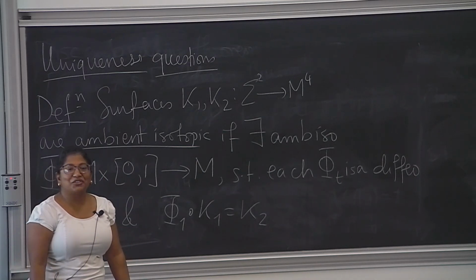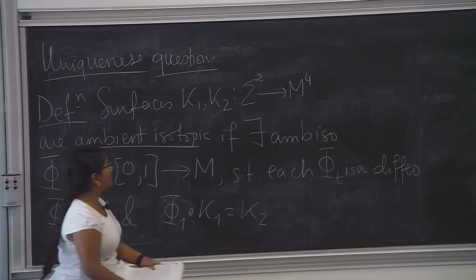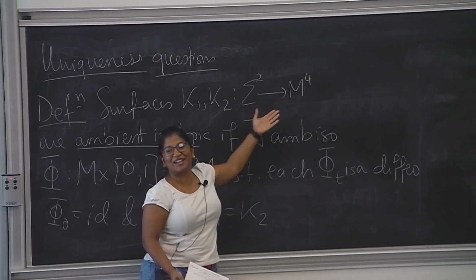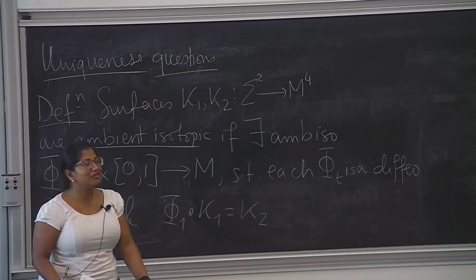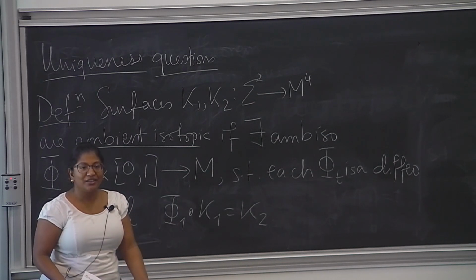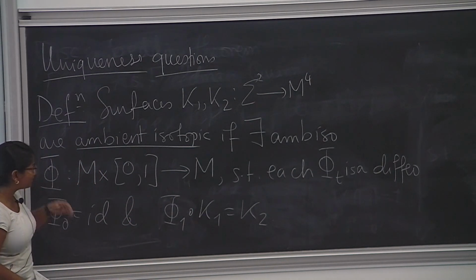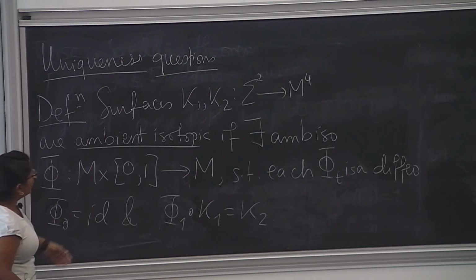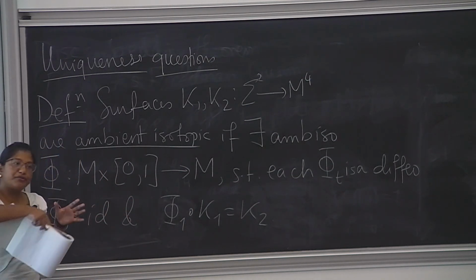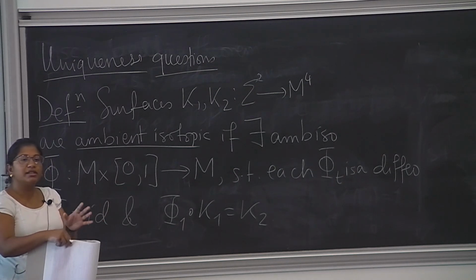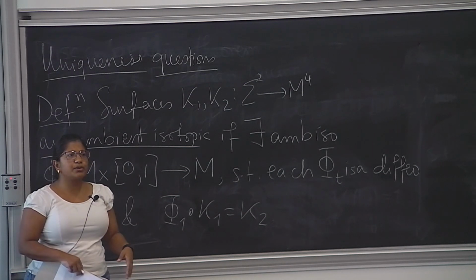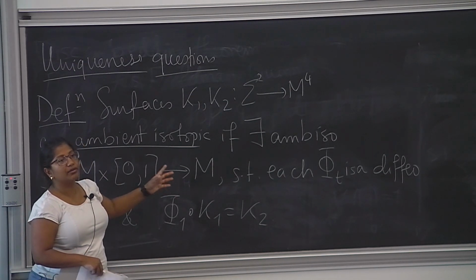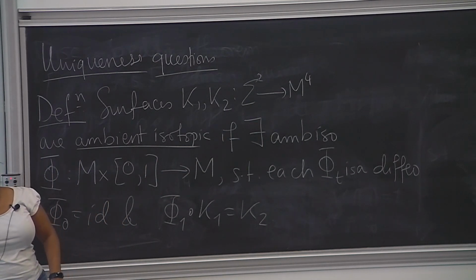If you have done classical knot theory, you've seen this. I've just replaced some dimensions from ones. Dimensions have been pushed up a little bit. I just wanted, for folks who are not usually working in knot theory, to see this definition for the first time, at least once. What this means is that you can somehow deform your ambient space so that one surface is mapped over to the other one. And because of the isotopy extension theorem, this is the same as a one-parameter family of embeddings taking one of your embeddings to the other one.